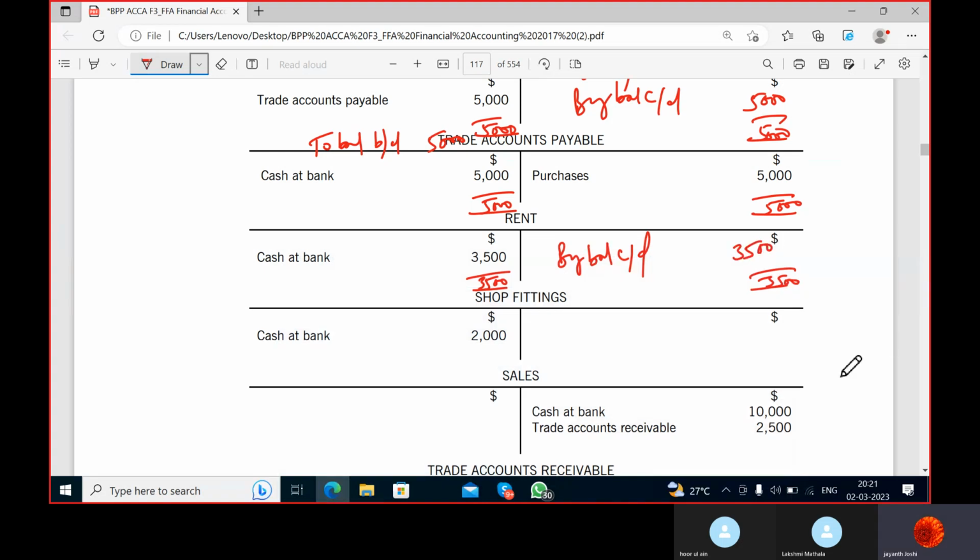By balance carried down 3,500. Again to balance brought down 3,500. Again 2,000.